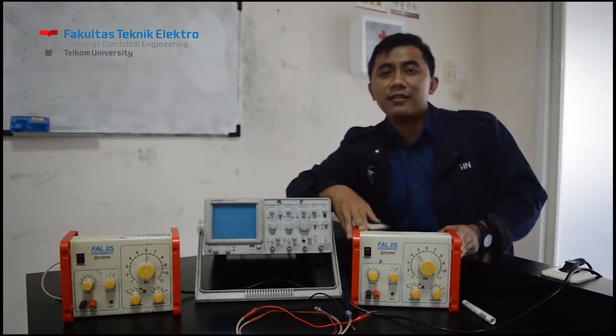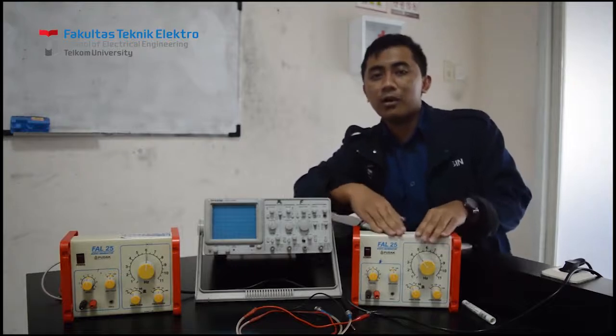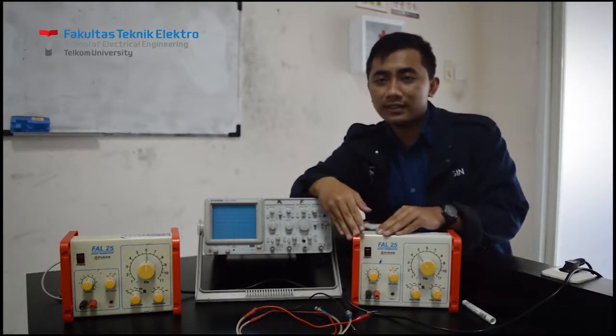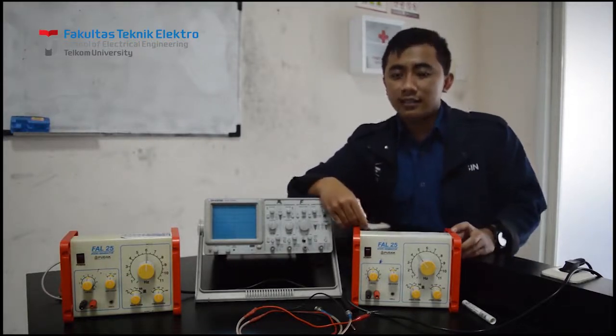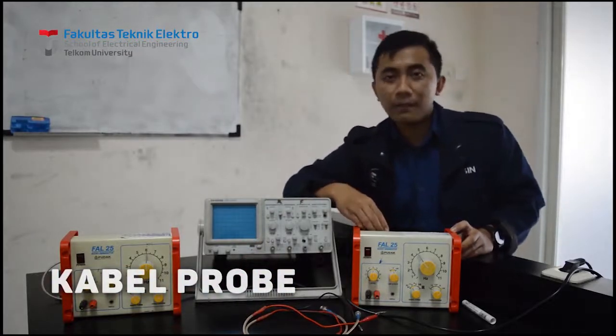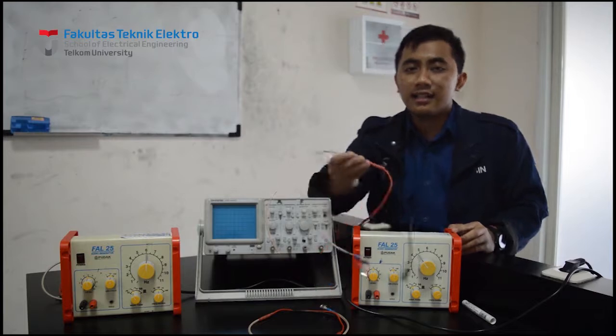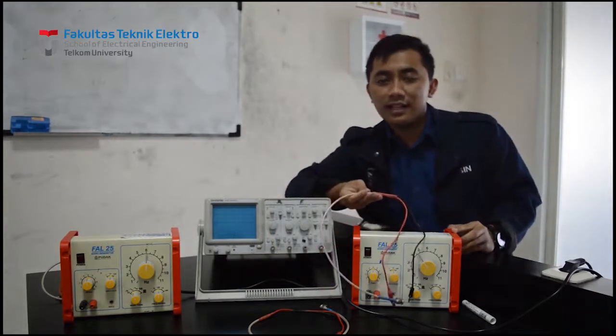The function of the oscillator is to produce vibration with a certain frequency and amplitude. And the last but not least is the cable probe. The function of the cable probe is to connect the oscilloscope and the oscillator.